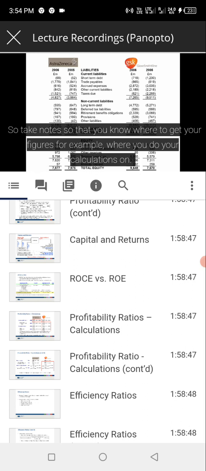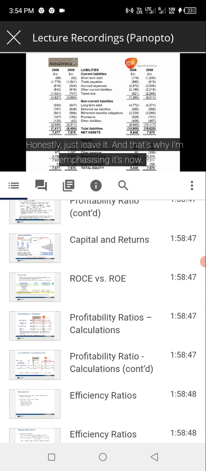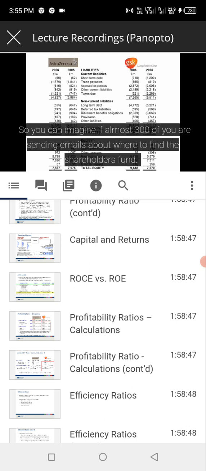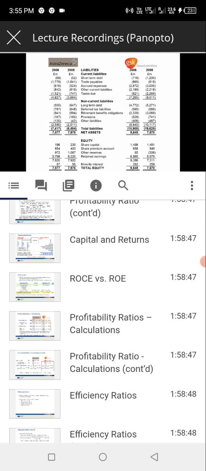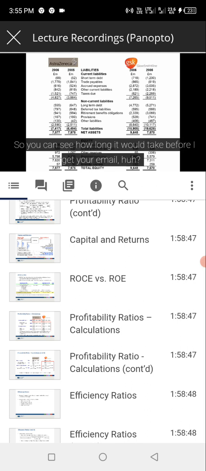Is that okay? When you are doing your calculations, we start sending emails: I can't find this. You know, the number of emails you receive during assessments, honestly, just for little things. That's why I'm emphasizing it now. You can imagine if almost 300 of you are sending emails about where to find the shareholders fund, you can see how long it will take before I get to your email.